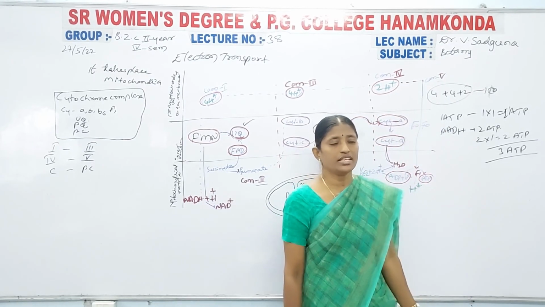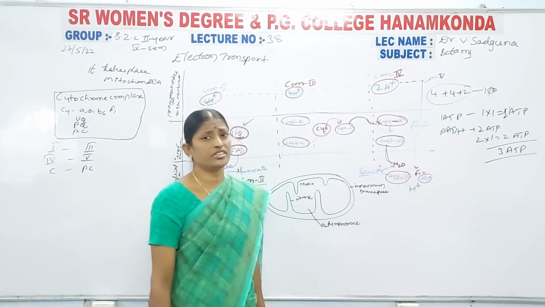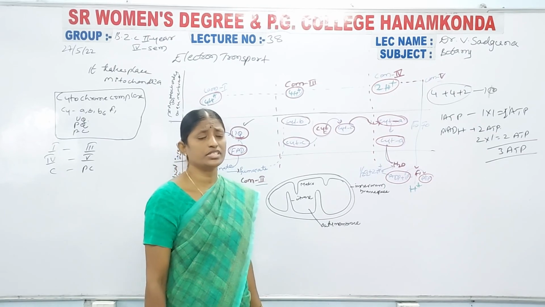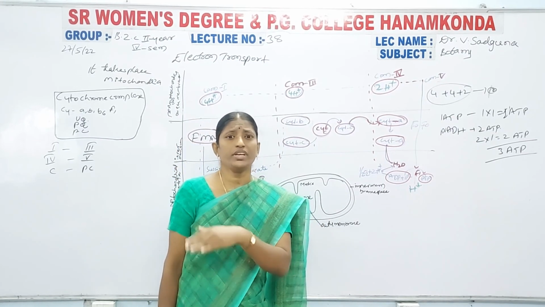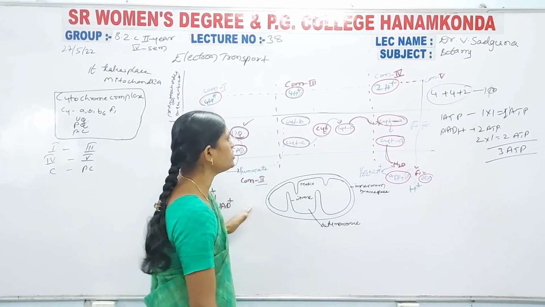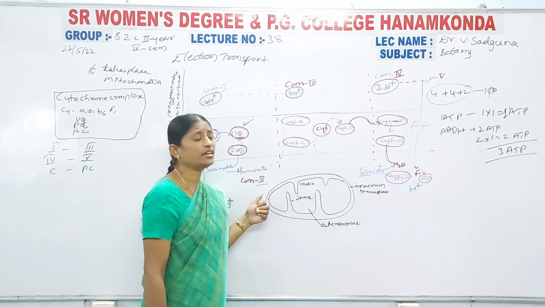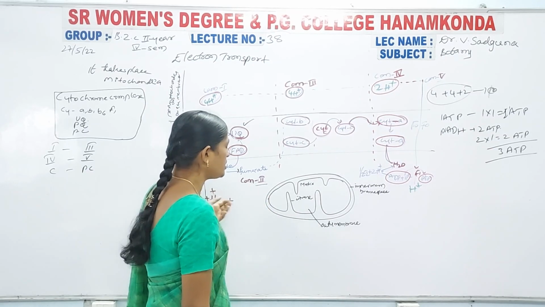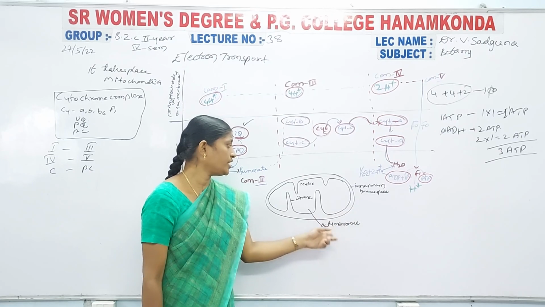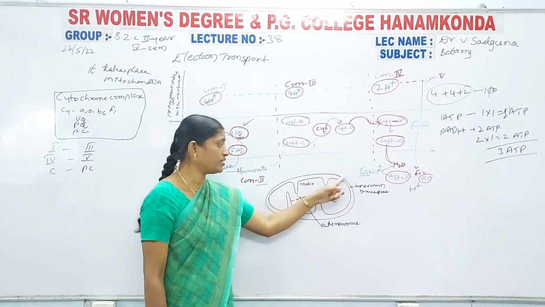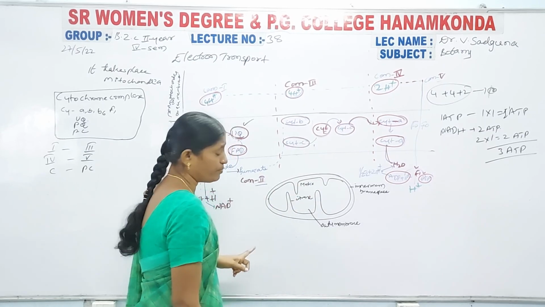So this is the respiration, that is the electron transport system in living things, the aerobic respiration electron transport system. It involves the inner layer, outer layer and the matrix of the mitochondrial membrane.